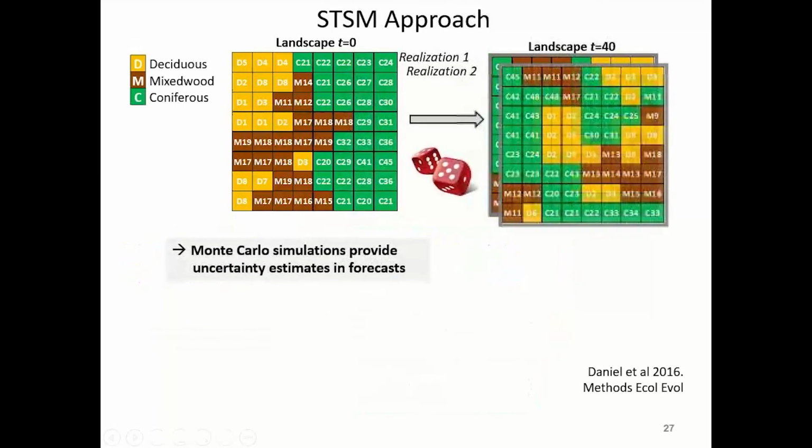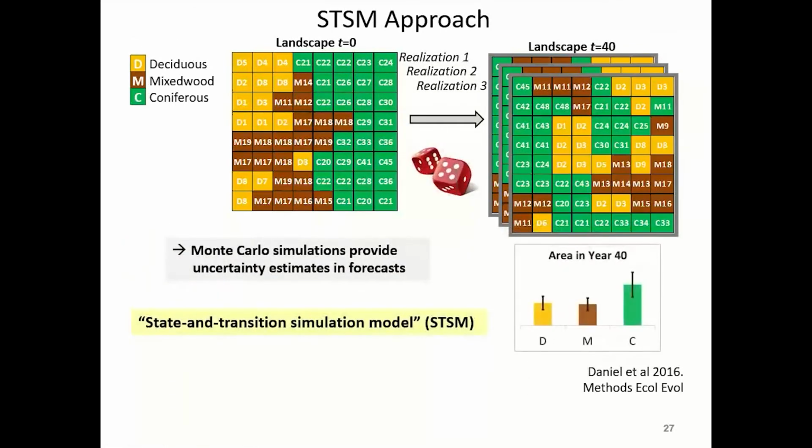Now, because we're dealing with probabilities, every time we run one of these cells through that pathway diagram and play it as a game, we can get a different projection for the state and age of every cell, so there's some variability. This is how we get variability or uncertainty in our projections.